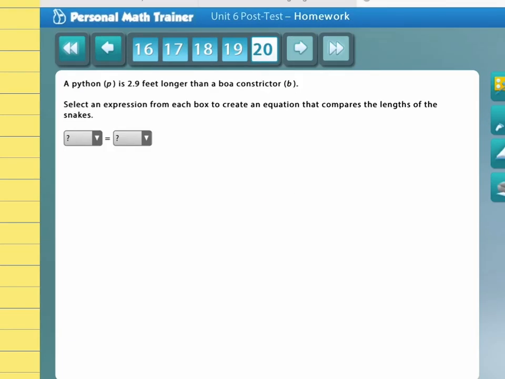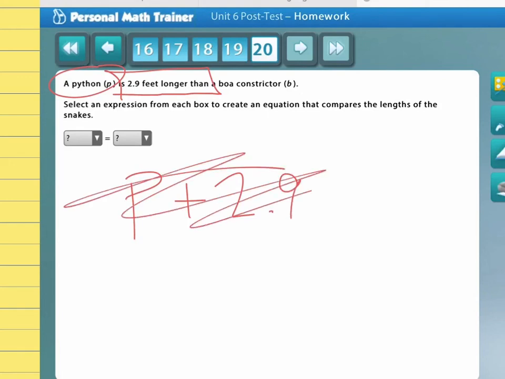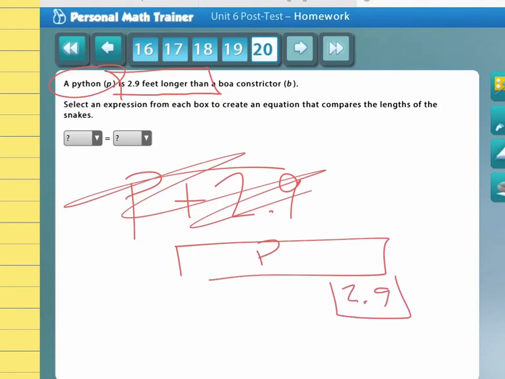And our final problem on our practice test is there's a python, we'll say that's P, is 2.9 feet longer. So P plus 2.9 feet. Oh, sorry, scratch that. The python is longer. So P is the python and 2.9 feet longer than a boa. So that means the python is longer than the boa.